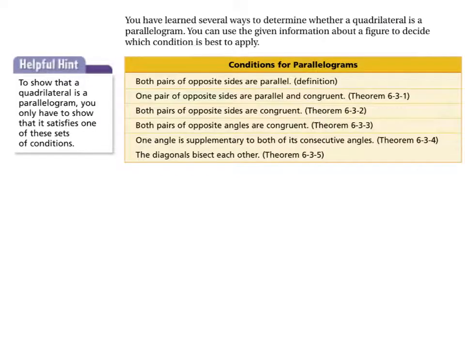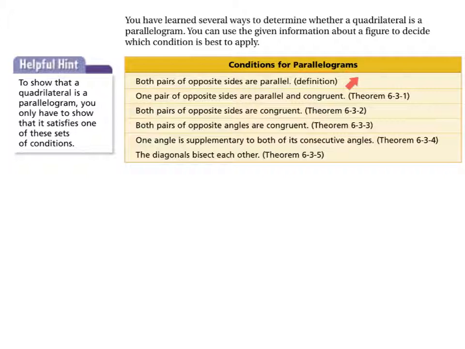So you have learned several ways to determine whether a quadrilateral is a parallelogram. You can use the given information about a figure to decide which condition is best to apply. Now once again, to show that it is a parallelogram, you only have to satisfy one of these conditions. So here's what you learned today.